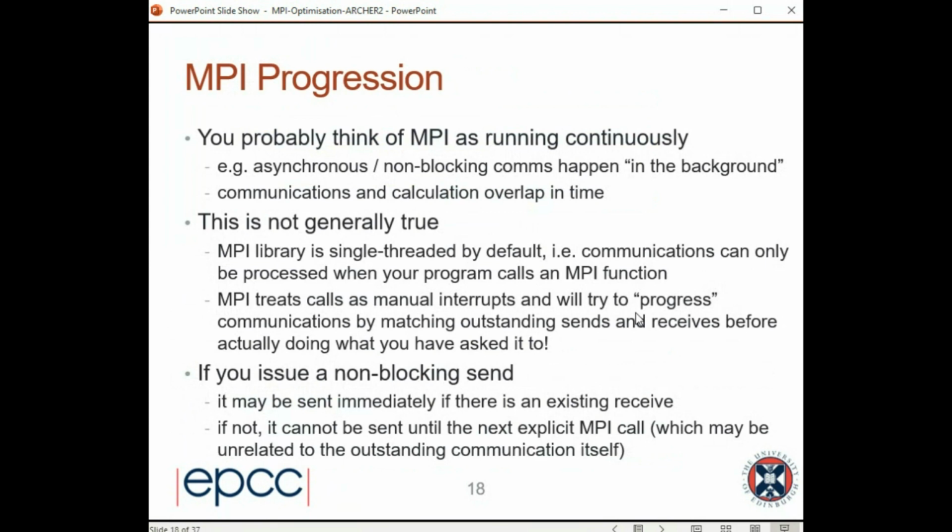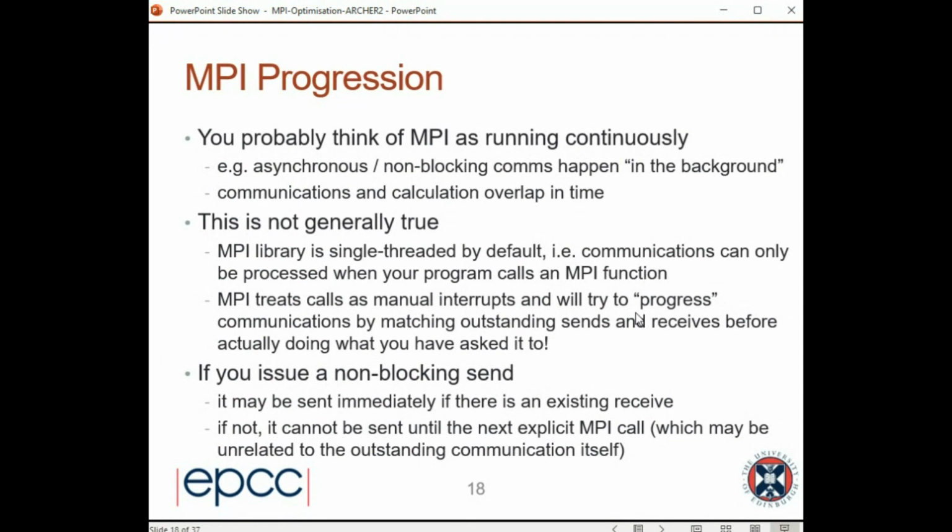You ask MPI to do something, it will carry on doing that while your main process does something else. And if you think about that, you think it's obvious that you should be able to overlap communications and calculation in time. To say to MPI, please send this message. While you're sending it, I'll go back and do some calculation, and later on I'll come back and see whether you finished or not. This is not generally true.